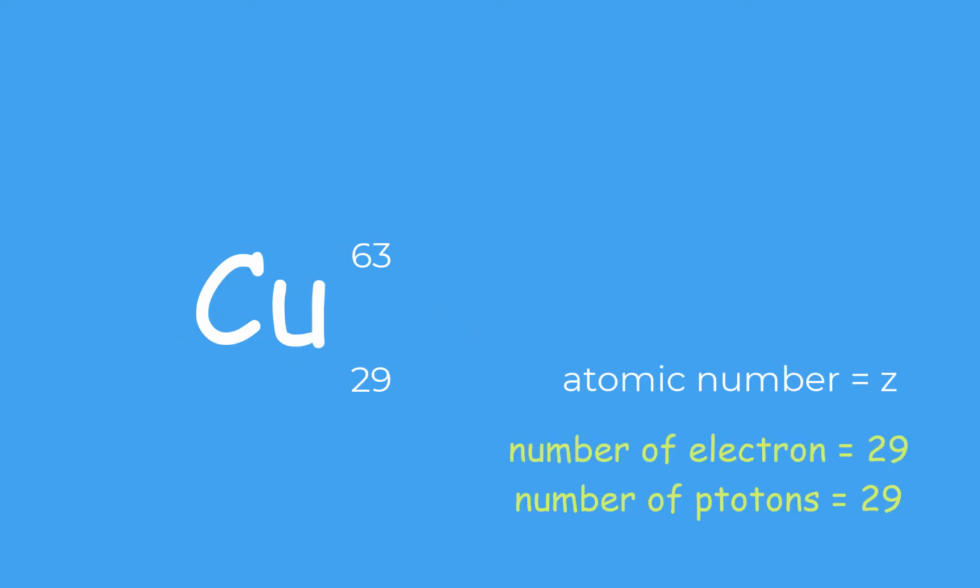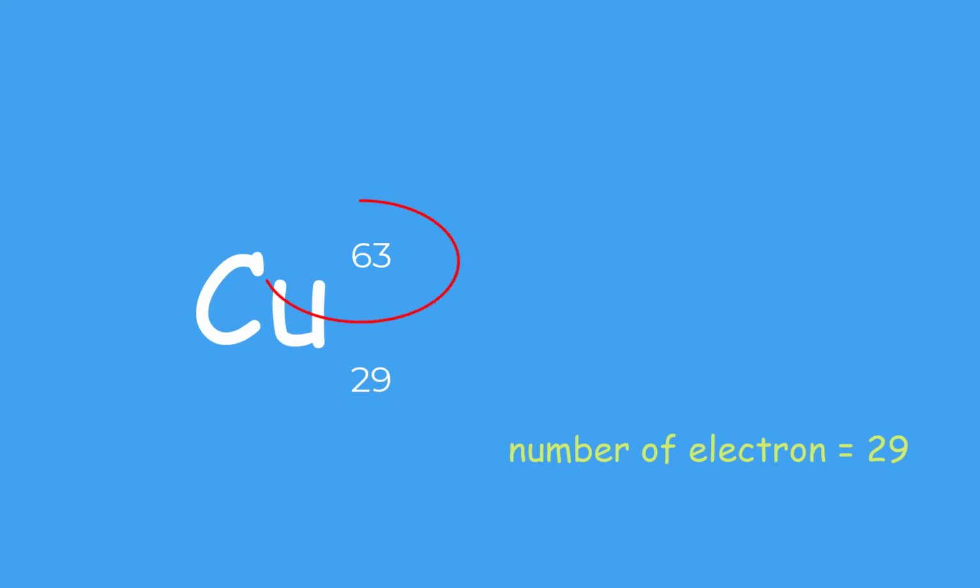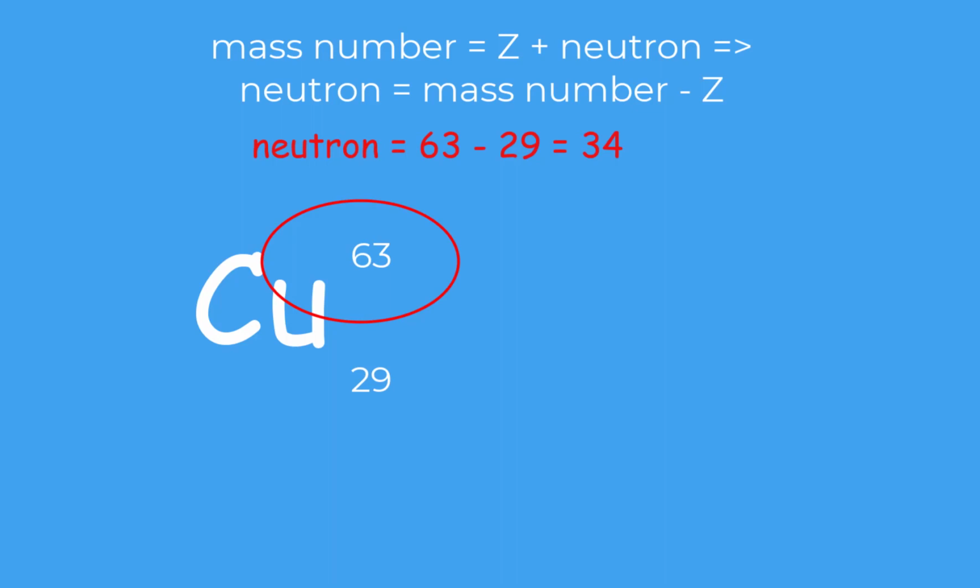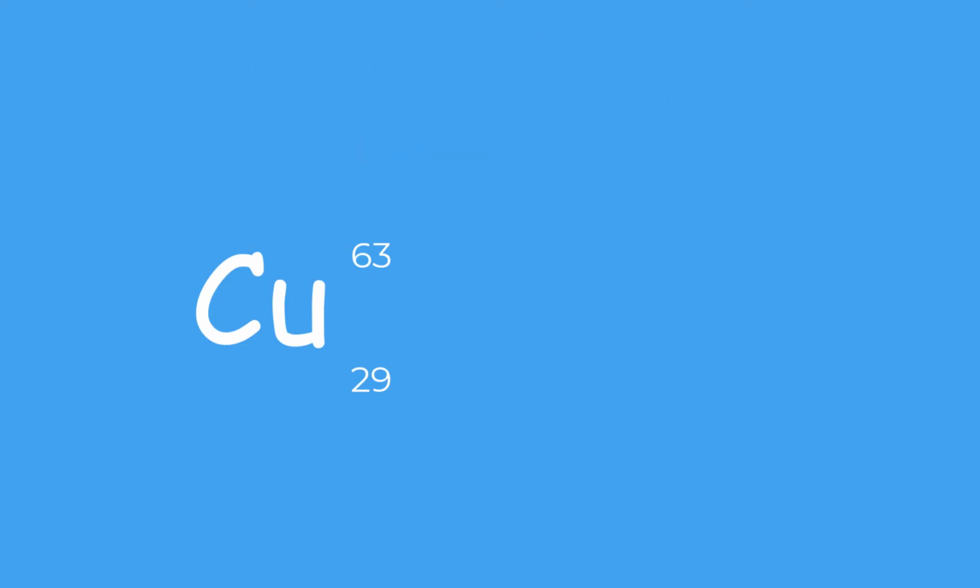So the atomic number of cuprum is 29, equal to the number of protons, while the neutrons follow the formula: neutron equals A minus Z.